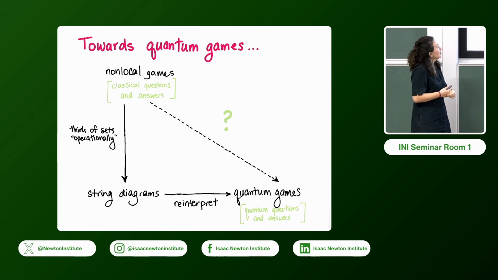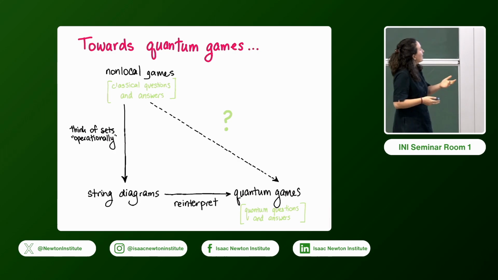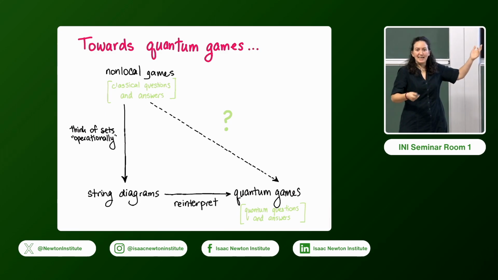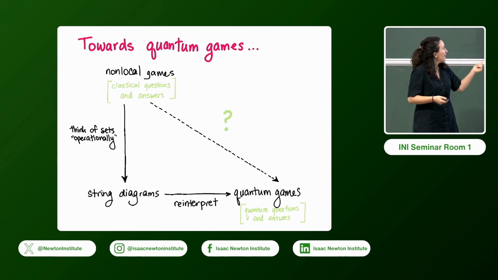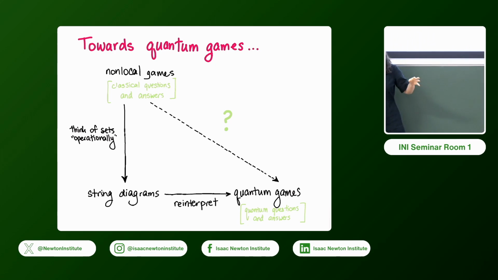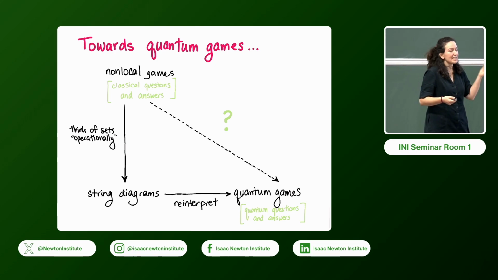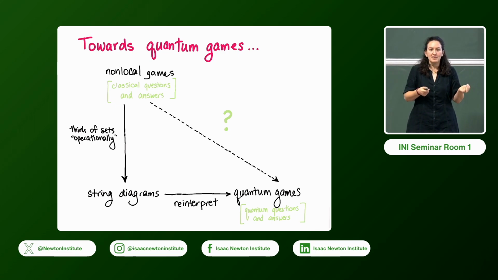And so before I knew about all these definitions, I asked myself, okay, non-local games have these classical questions and answers. And in order to get to a version of quantum games with quantum questions and answers, I first have to ask myself, how should I think of a classical non-local game? What version of it am I going to quantize?